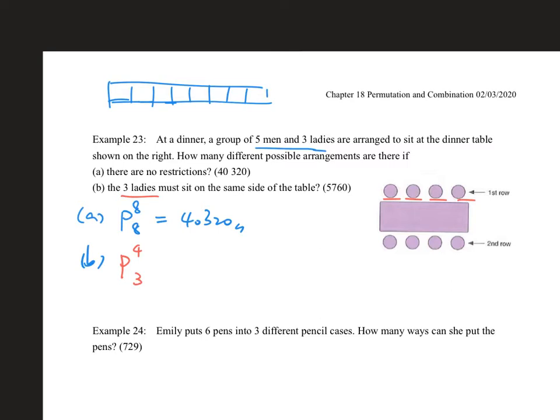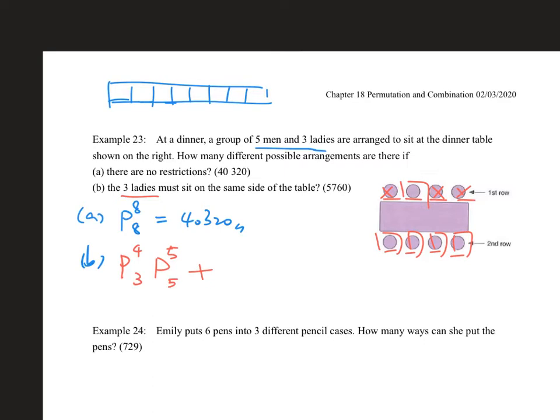After choosing, there are 1, 2, 3, 4, 5 places for the men afterward. So the first situation would be in red as follows.